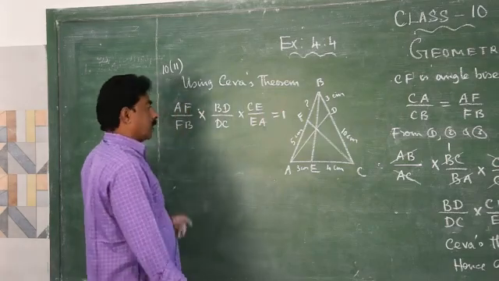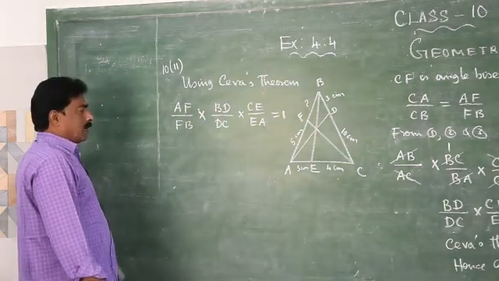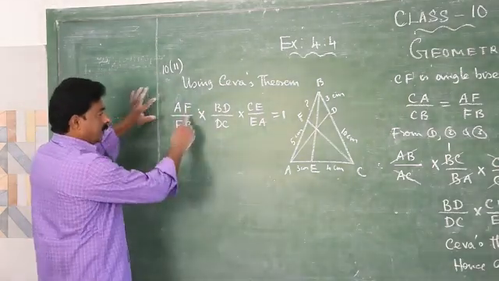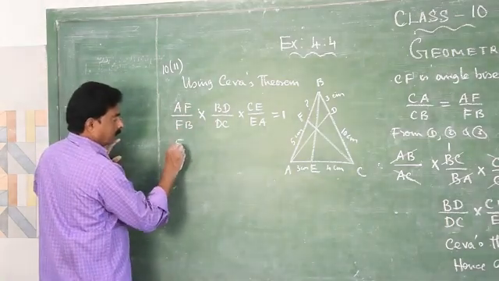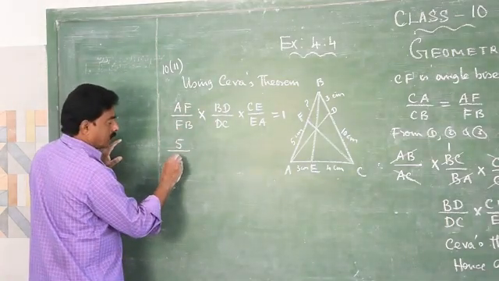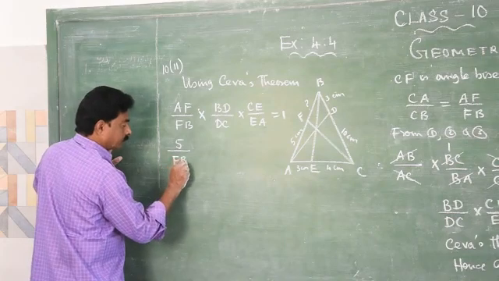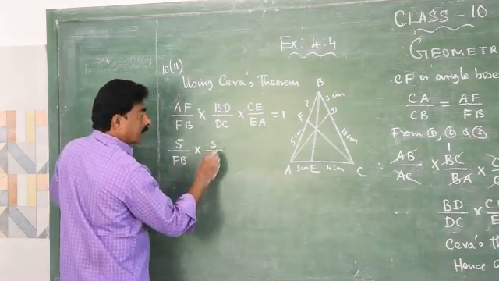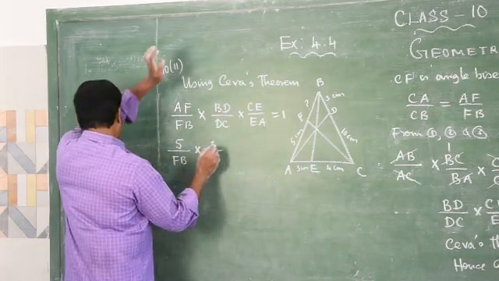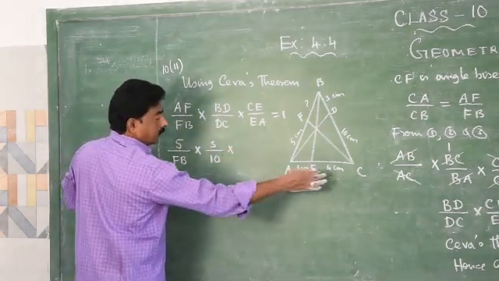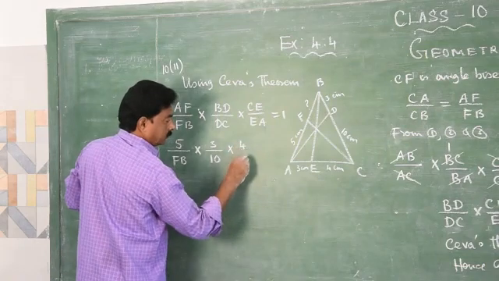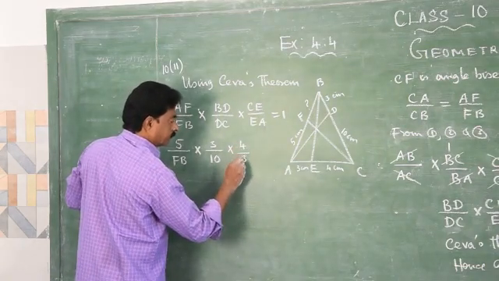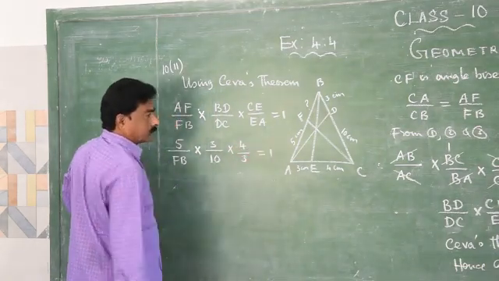That is Ceva's theorem. Now substitute the values. AF is 5, given. FB we do not know, that is what you have to find. BD is 3, DC is 10, CE is 4, and EA is 3, equal to 1.